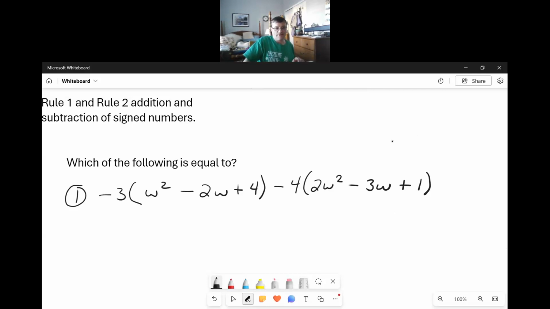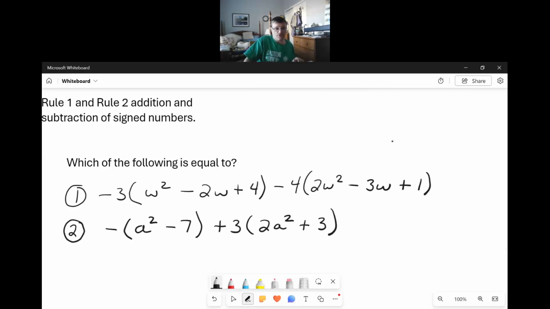So that's example number 1. Now example number 2 is going to be negative (a squared minus 7) plus 3 times (2a squared plus 3). That takes care of number 2.